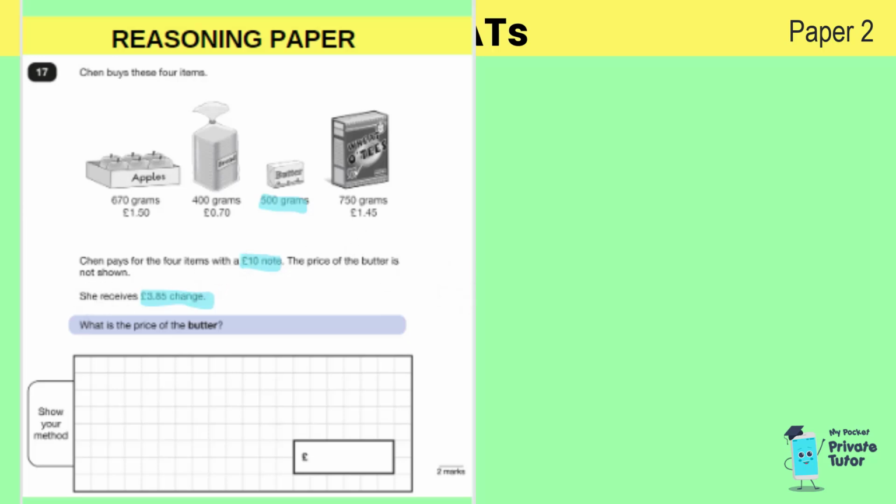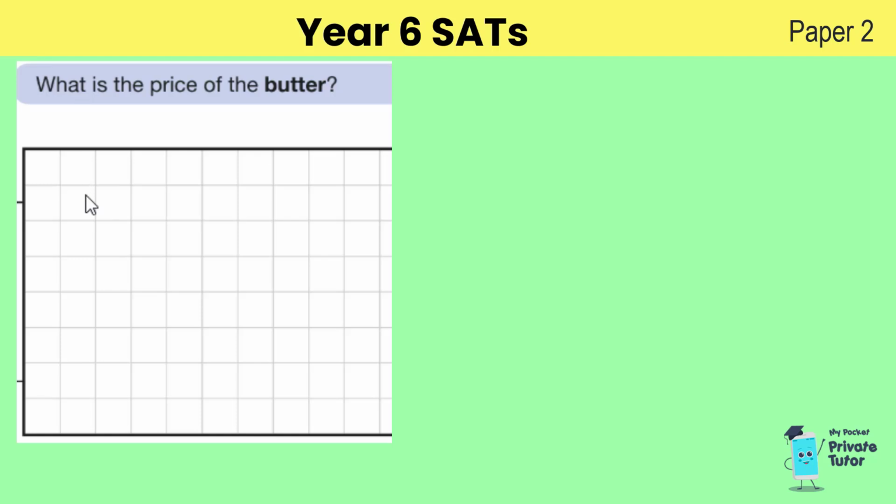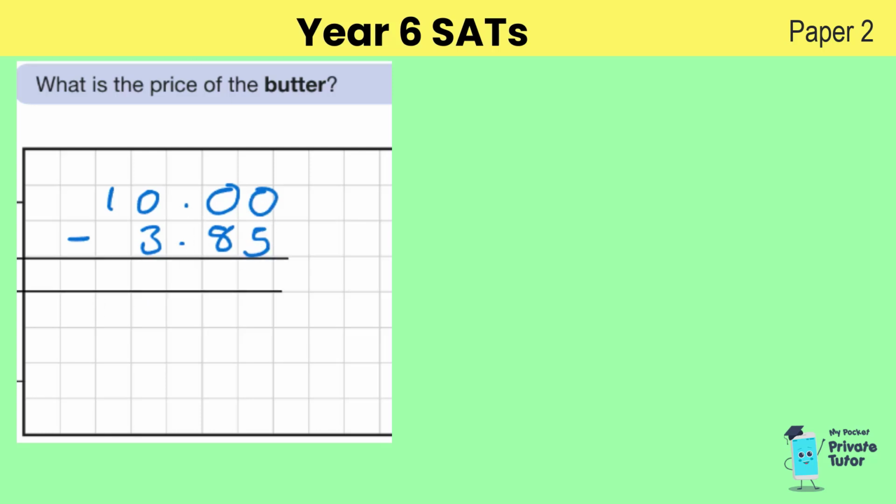So the first thing we're going to do is calculate how much everything has cost. I'm going to zoom in, and we're going to start by calculating £10 subtract £3.85. I've put in the decimals for £10. So £10 subtract £3.85.